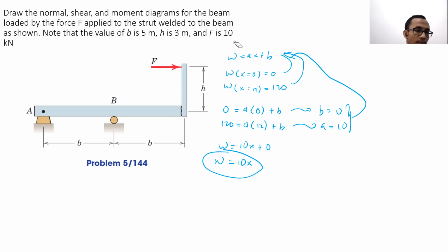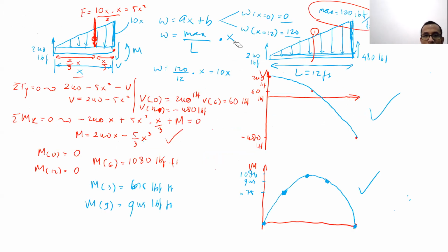Any question about this? I have a question, sir. Yep. Before that, can you please go to the previous slide? Okay. So the free body diagram, after we cut the main free body diagram, the length is x, right, sir?